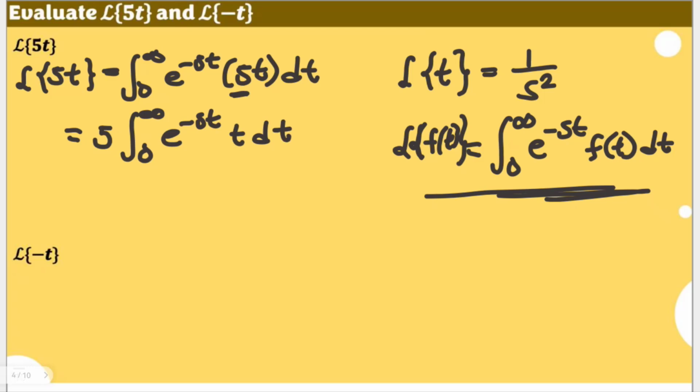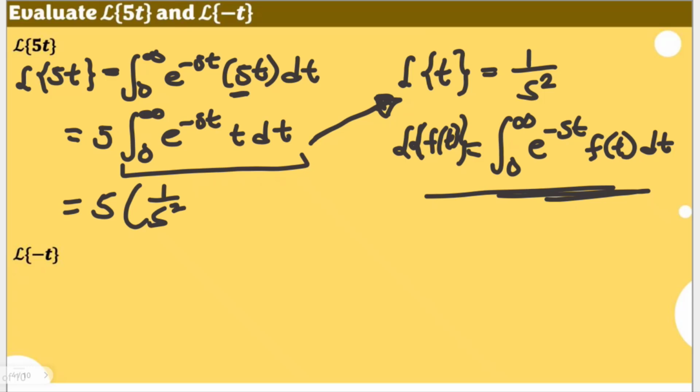In the previous video, this was already discussed, and it turned out to be the Laplace transform of t, which is 1 over s squared. I'm not going to show you the process of moving from here to there, but my point is this: since we have 5 times this expression, we simply plug in 5 times the Laplace transform of t, which is just 1 over s squared.